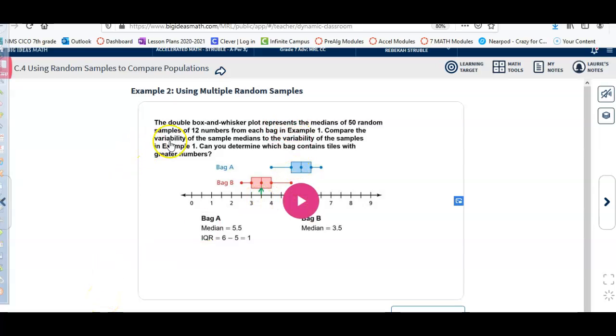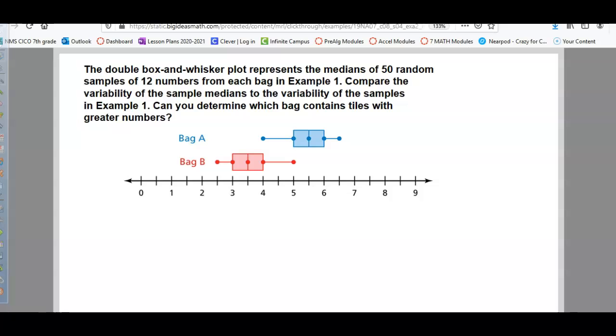It says the box and whisker plot represents the medians of 50 random samples of 12 numbers from each bag in example 1, compared to the variability of sample medians in the variability of the samples in example 1. Can you determine which bag contains tiles with greater numbers? Go to the click through here.